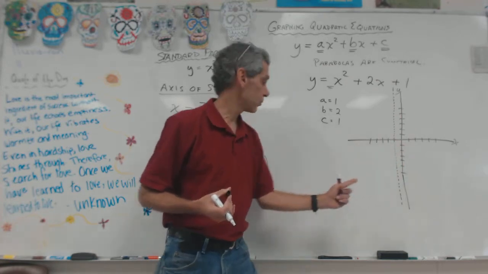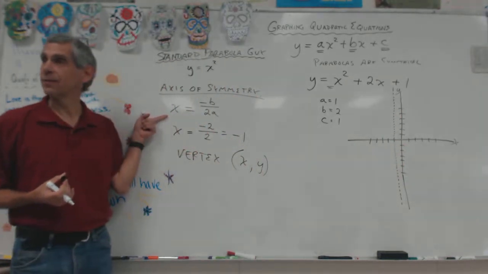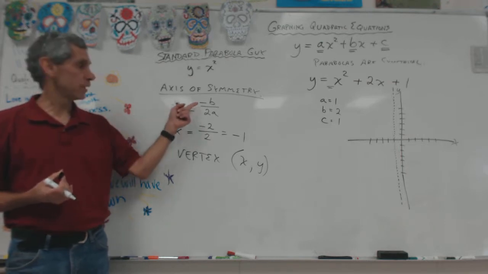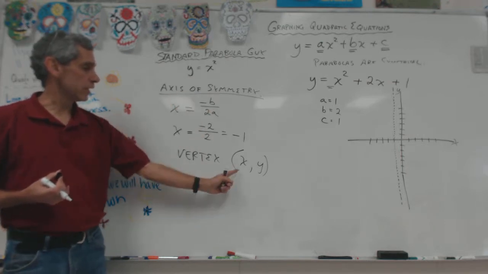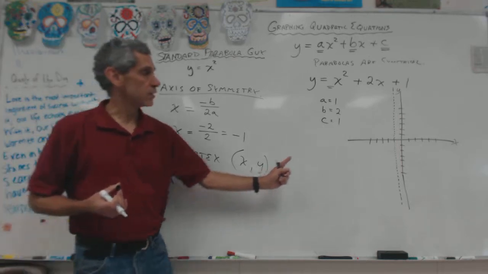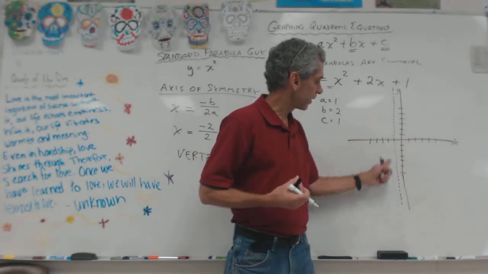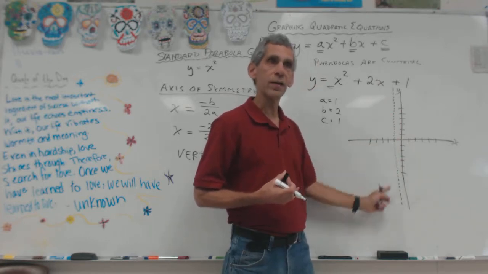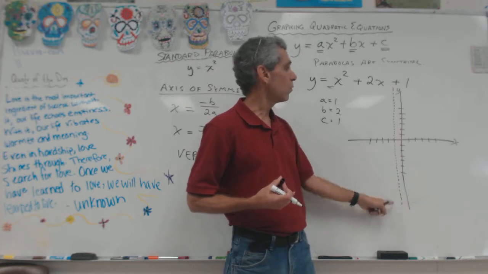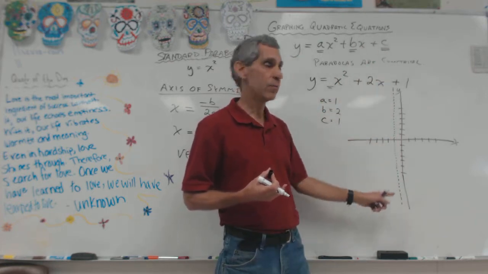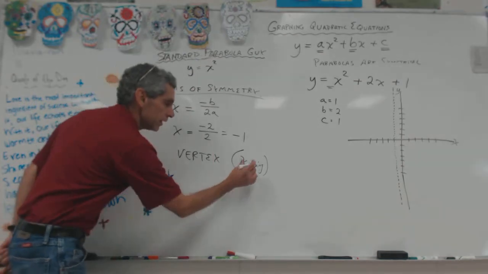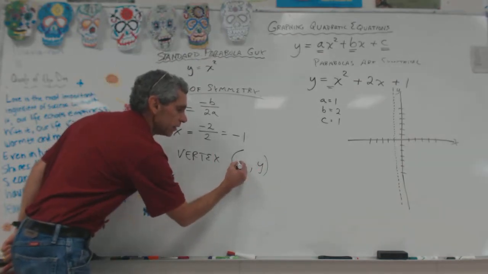The axis of symmetry was what? X equals negative b over 2a. Not y. X equals negative b over 2a. Your axis of symmetry is your x of your vertex. Does that make sense? Because I know my vertex is at -1 somewhere on the line. It could be anywhere going up or down, but I know the x part is -1.